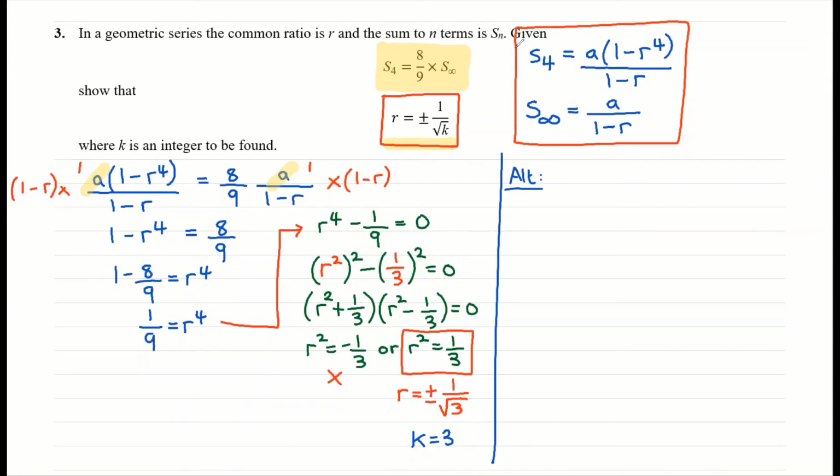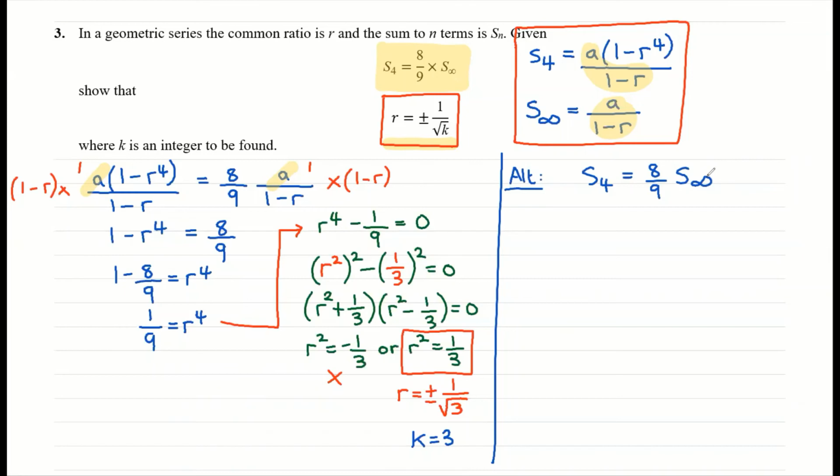Because we know that the sum to infinity is just a over 1 subtract r, we can use the same idea that it appears in the sum of n terms formula as well. So what I could actually have done, and this is just personal preference, but I just want you to be aware of it. We know that S4, which is given to us in the question, is equal to 8 over 9 multiplied by the sum to infinity.